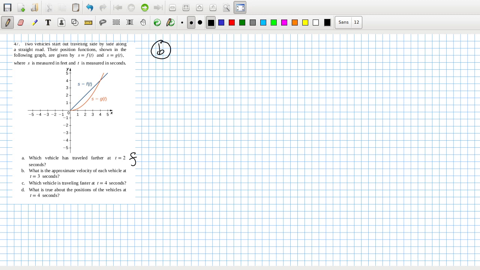Okay. So that's basically f derivative at 3. Well, that's a nice 45-degree one. So that's 1 foot per second. A little bit tougher now will be g derivative at 3.